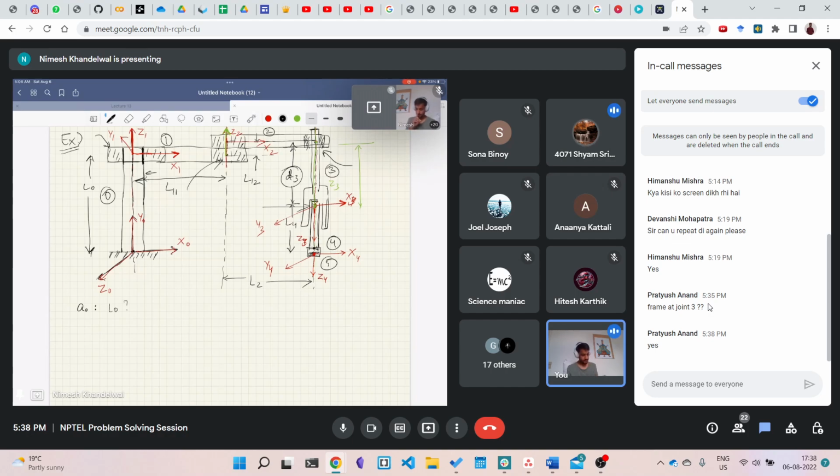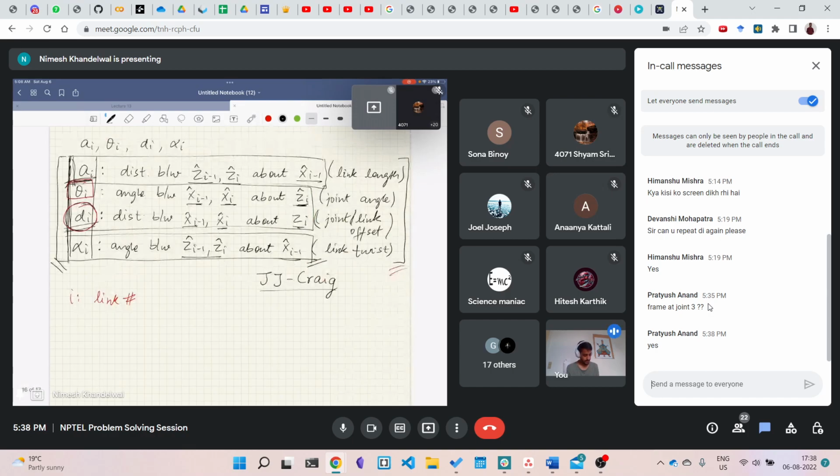Does everyone agree? a0 is the difference between Z minus 1 and Z0. So for ai, this is the distance between Zi minus 1 and Zi about Xi minus 1.